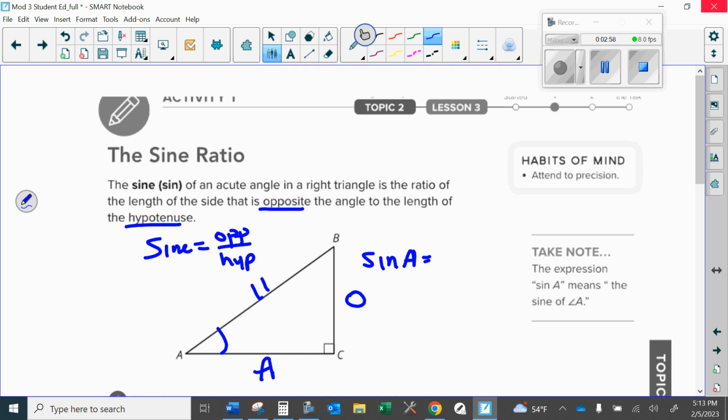There's my adjacent, there's my hypotenuse. The sine of A would be BC over the hypotenuse, AB. If I made B the reference angle, the sine of B is opposite AC over the hypotenuse AB.